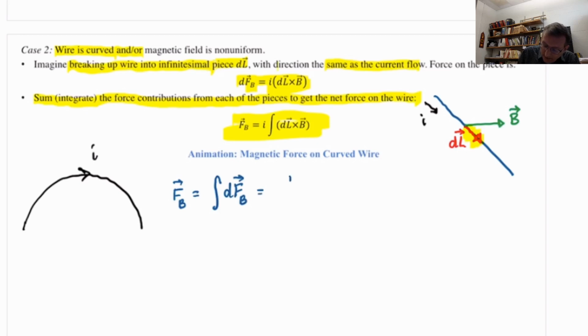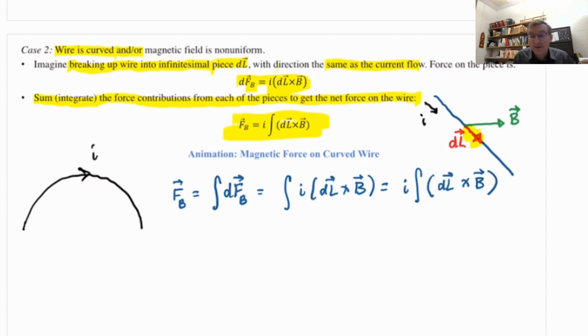And that means do the integral of I times dl cross b. You can bring the I out front because every little piece has the same I. And so then you're integrating dl cross b.